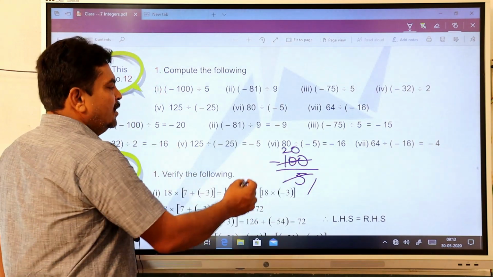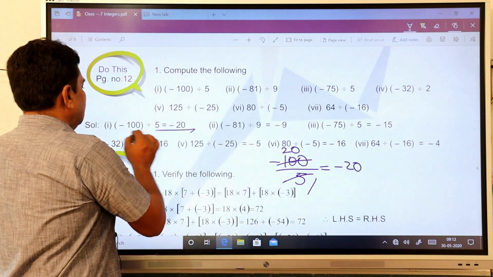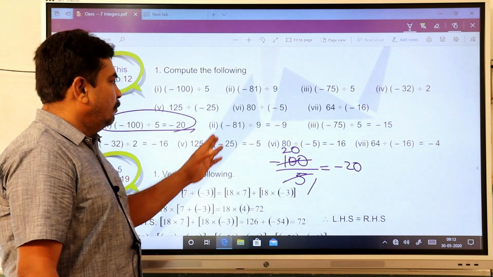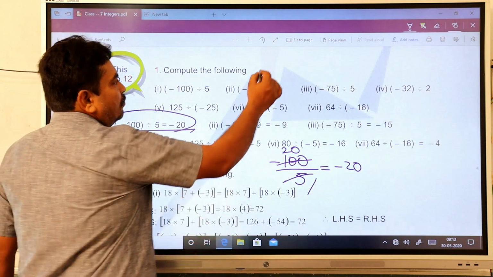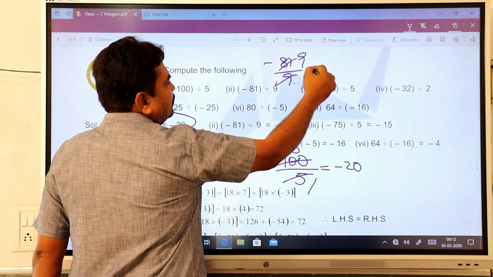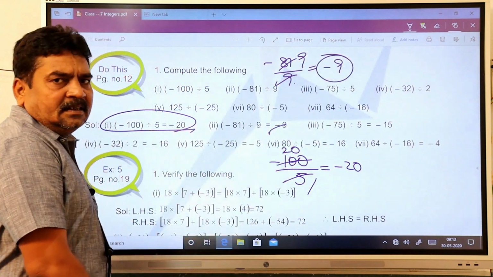Therefore it should be minus 20. This is your answer. Next, minus 81 divided by 9. 9 ones are 9, 9 nines are 81, so it becomes minus 9. So this is your answer.